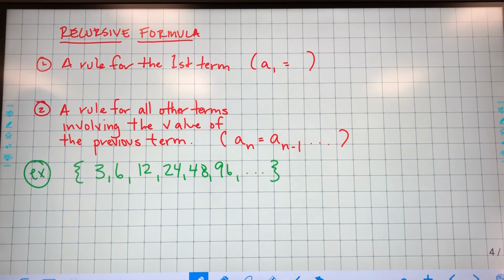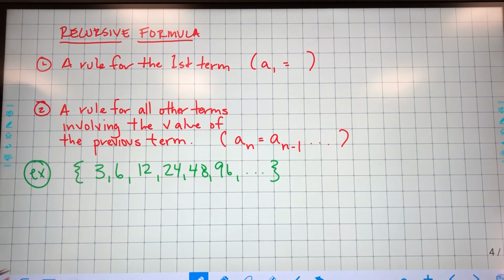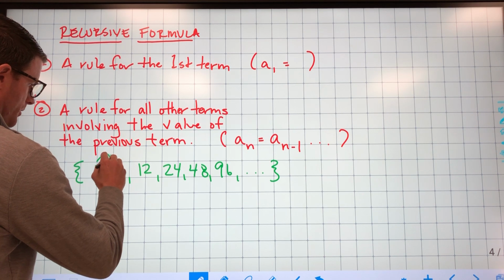As you can see, hopefully, we are doubling each time. So to get from one term to the next, I have to multiply by 2.